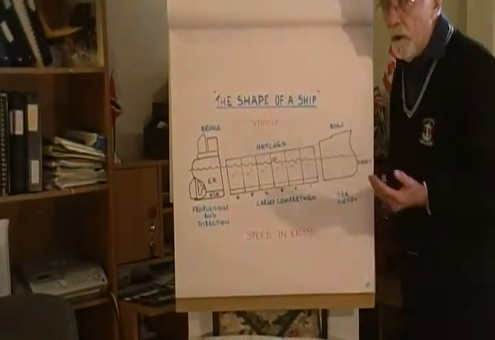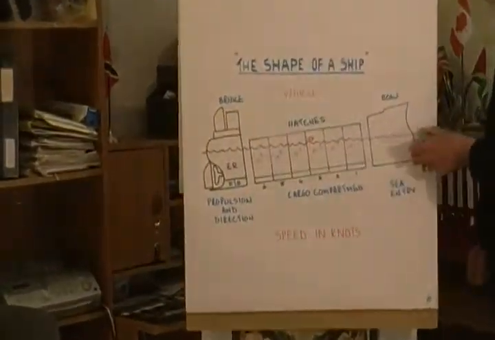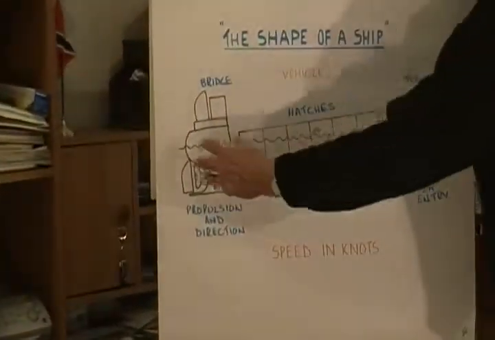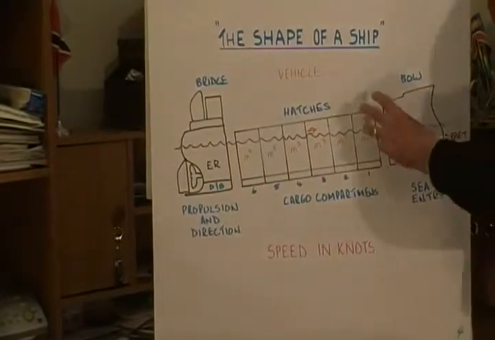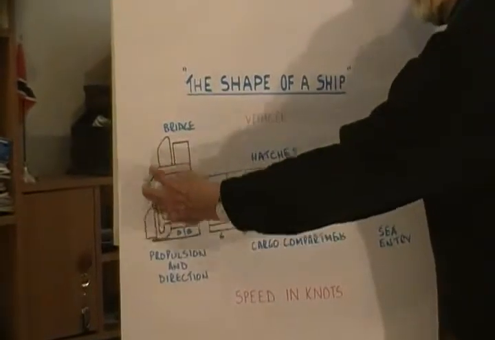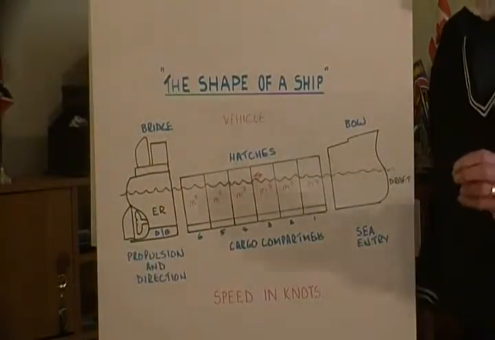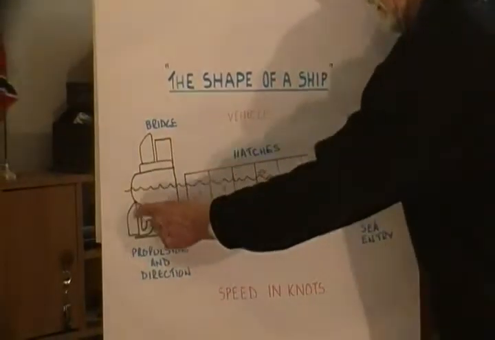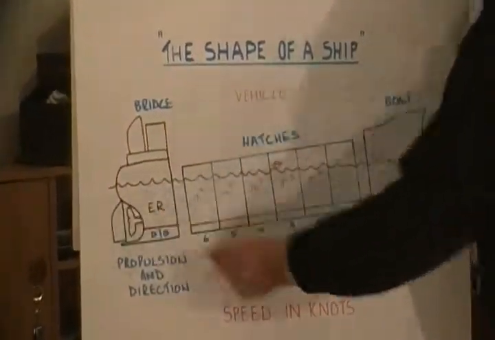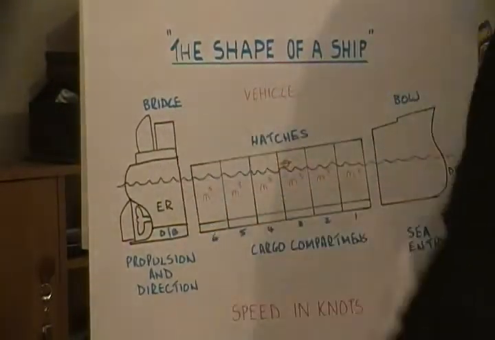We're going to have a quick look at the shape of a ship. This is a bulk carrier that I've drawn here in 3 sections. There's the bow entry section, there's the midships part, which is your cargo compartments, and the stern, which provides the propulsion and direction. Propulsion and direction is dictated by the propeller through the engine room and the bridge up here.